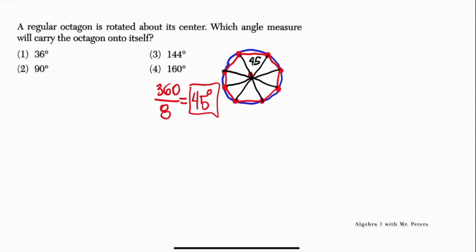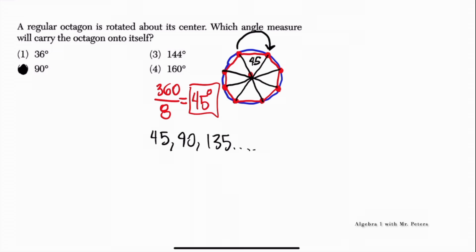So any multiple of 45 degrees is going to take 1 point and map it on the next point, and it's going to be seamless, meaning when it overlaps, it's going to be like the original shape. So when this rotates any multiple of 45, which is 45, 90, 135, and so on, this is the concept we're basically looking for. So our answer choice would be 2.